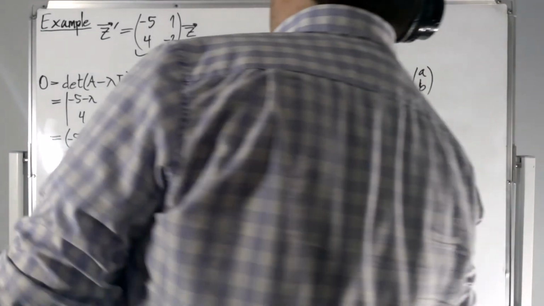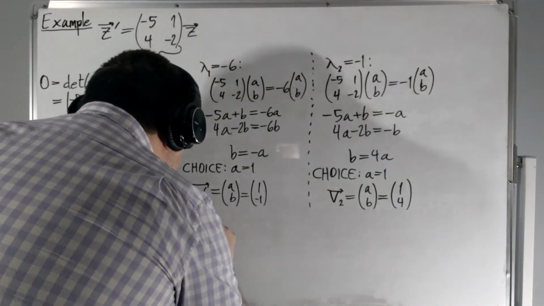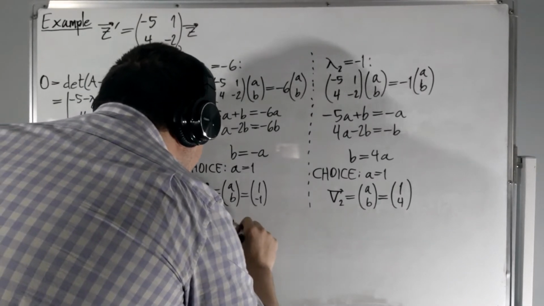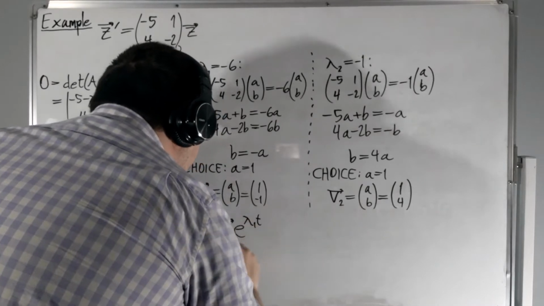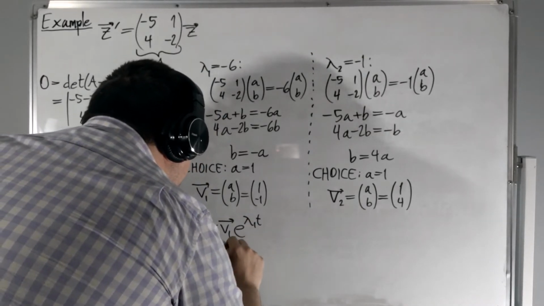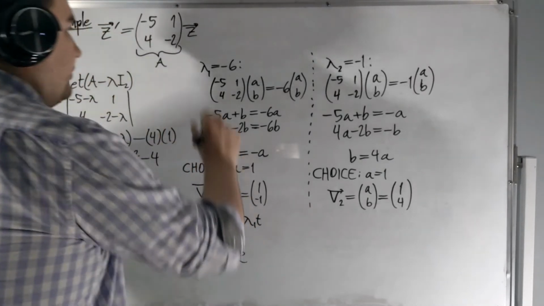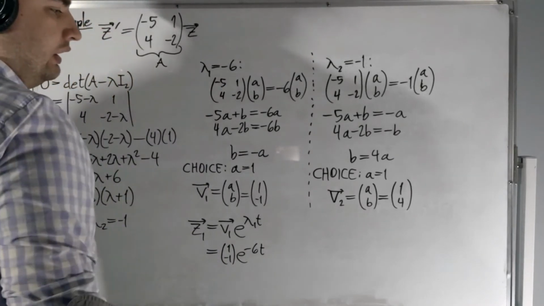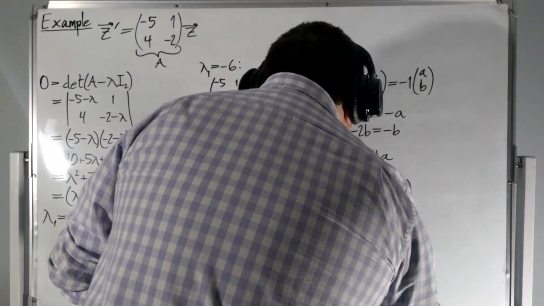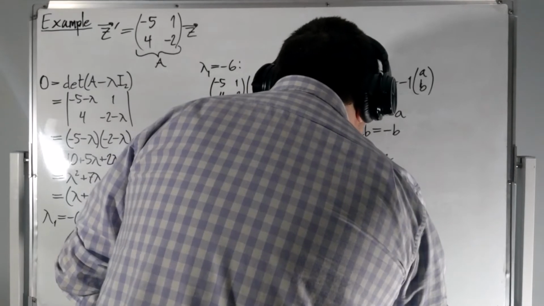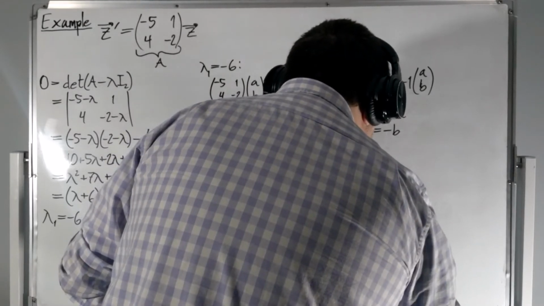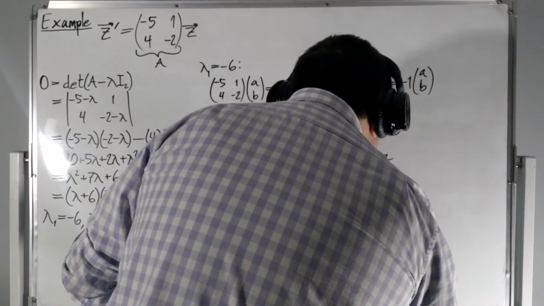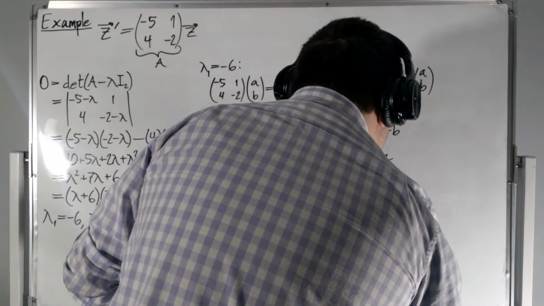Right, so these give rise to two basis solutions. The z1 vector equals the v1 vector times e to the lambda 1 t, which in our case is going to be (1, -1) times e to the -6t. And then the z2 vector is going to be the v2 vector times e to the lambda 2 t, so that's going to be (1, 4) e to the -t.